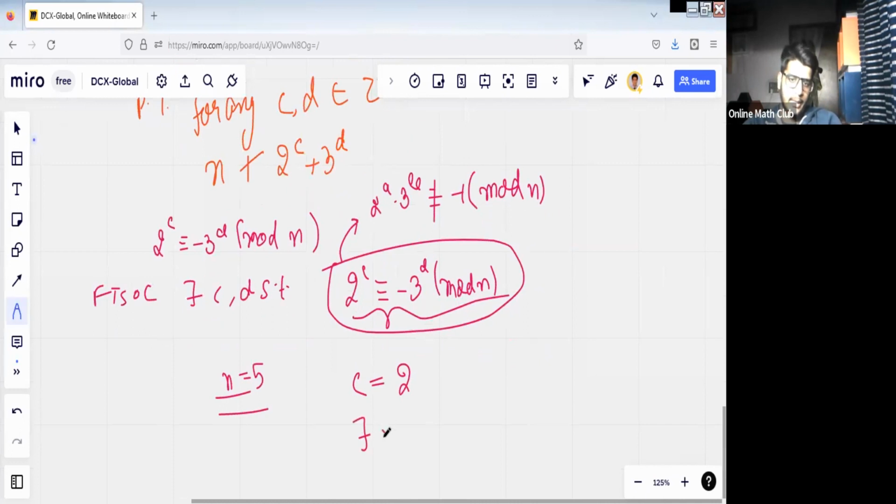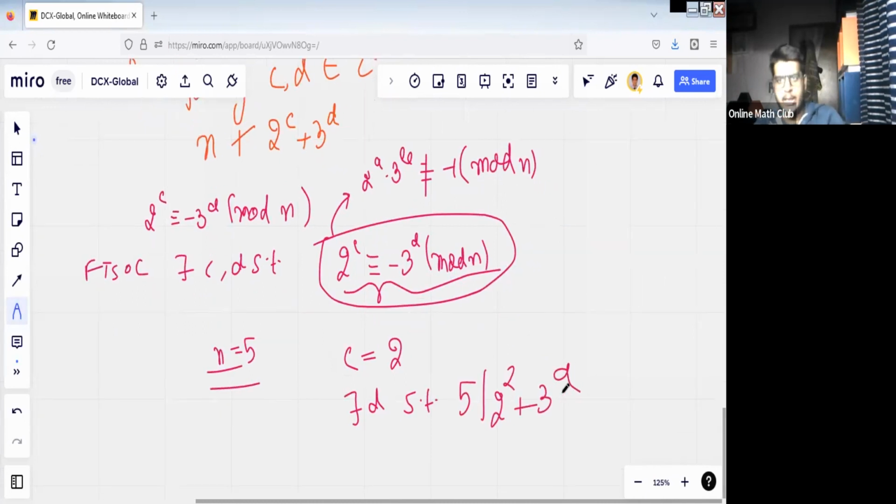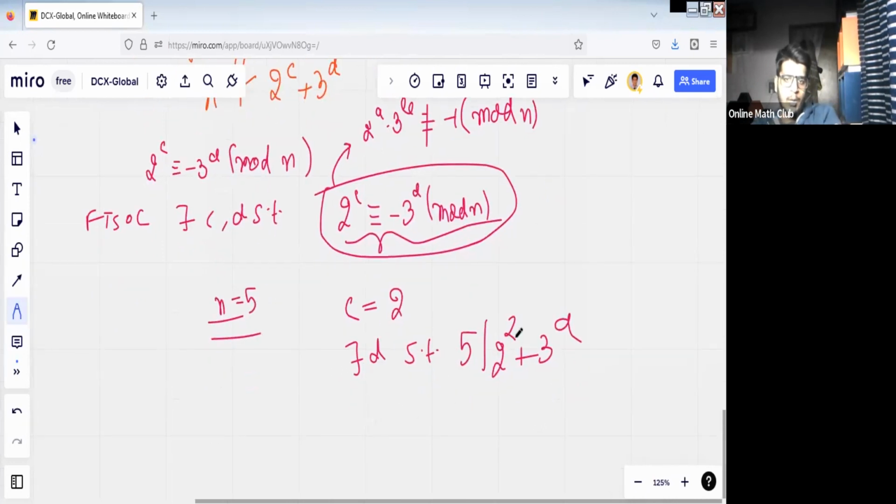There exists some d such that 5 divides 2^2 + 3^d. I'm not saying it's actually possible or not, but it is possible that this happens. And now c is 2, and 2^2 is not 1 mod 5. What do you do then?